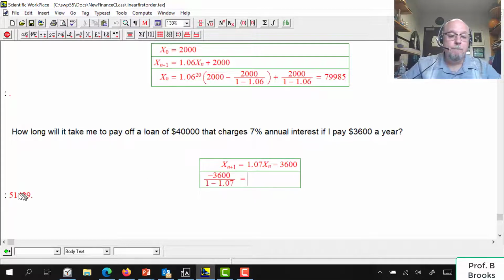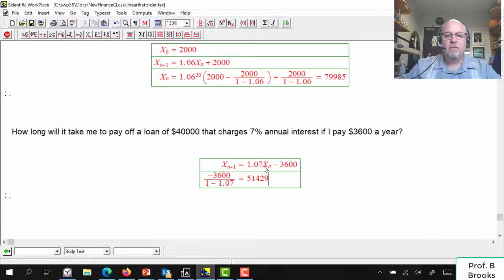If my loan was that amount, then my 3,600 would be exactly the interest, and the loan would stay at that 51,429 amount forever. It would be an equilibrium. It would be an unstable equilibrium because the A value is not a fraction. The A value, the 1.07, has magnitude bigger than 1.